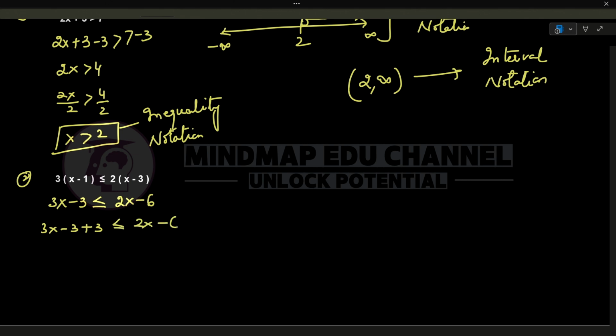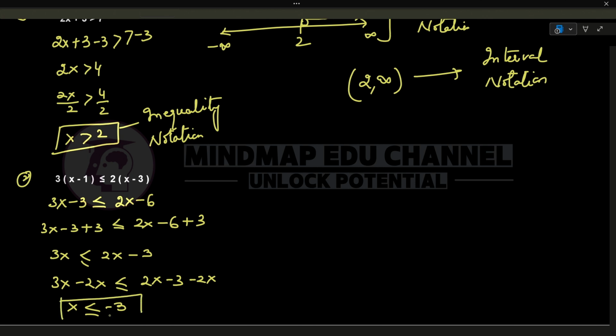So, we will get 3x less than or equal to 2x minus 3. Now, subtract 2x from both sides: 2x minus 3 minus 2x. We'll get x less than or equal to minus 3.